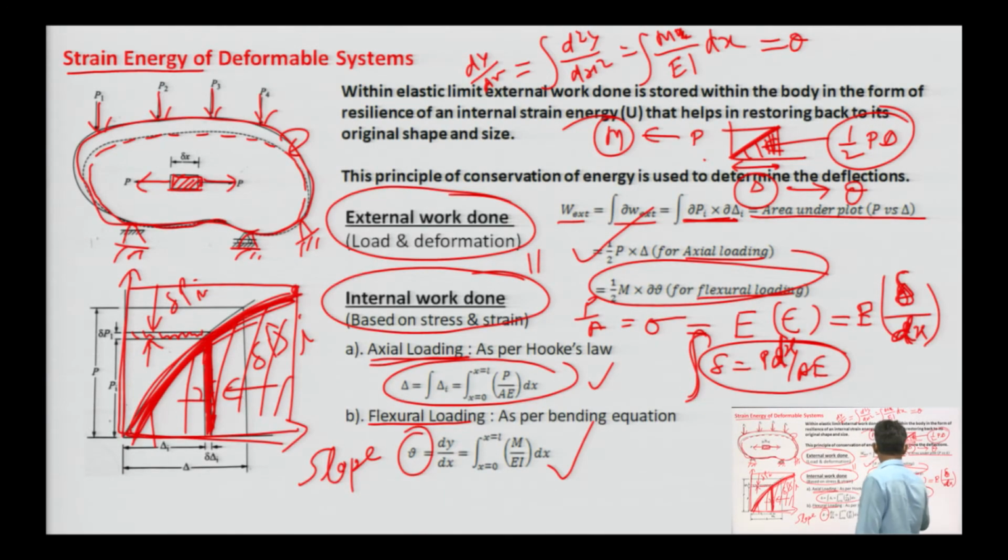Take external work done as half into M into d theta. Put the value of theta here. Then you will get half into M integration of M by EI into dx.